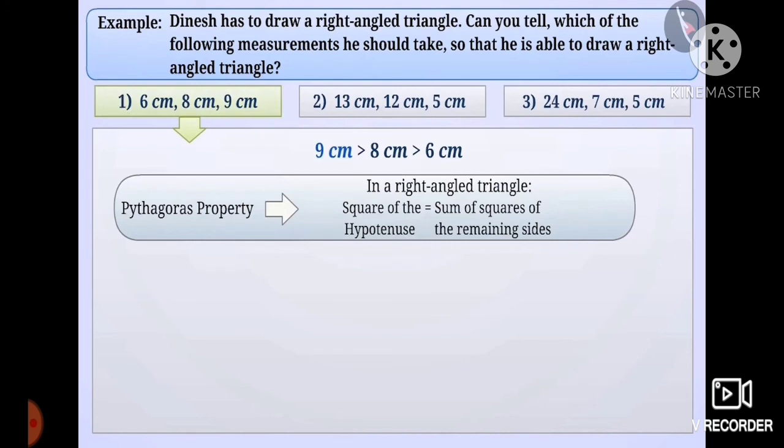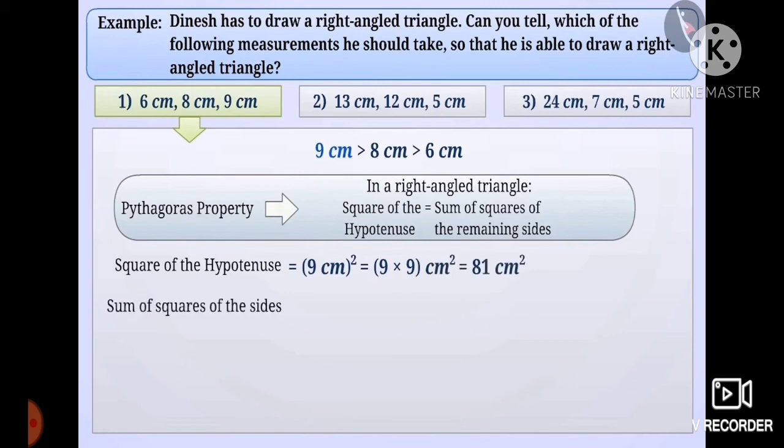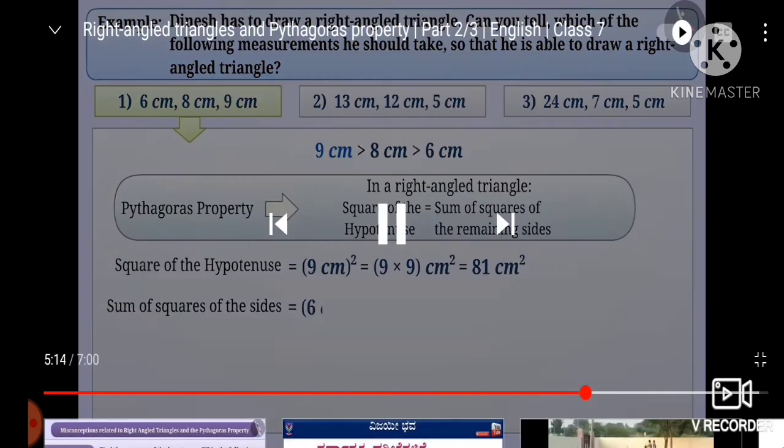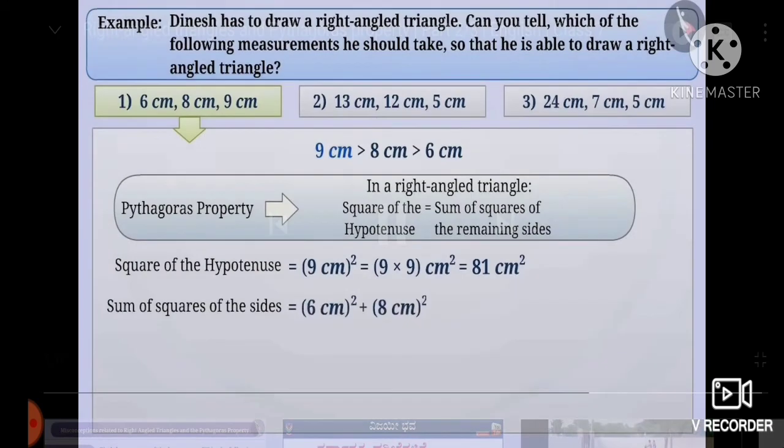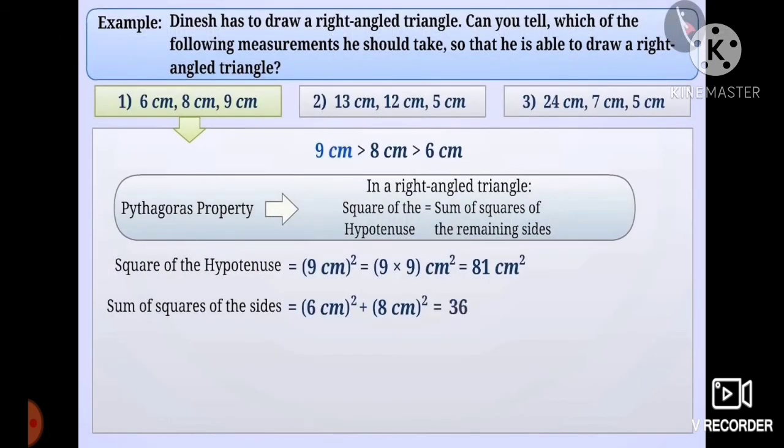So which is the exact one? You have to find it. Square of the hypotenuse, 9 square is 9 into 9, which is 81. Next, take the sum of squares of the sides, 6 and 8.